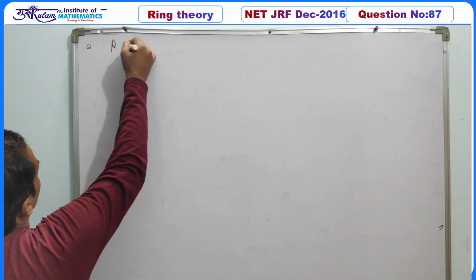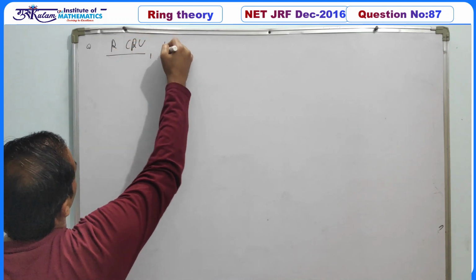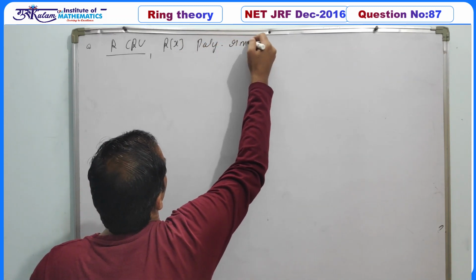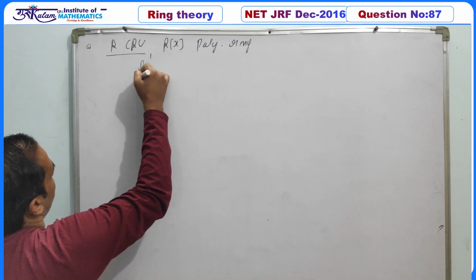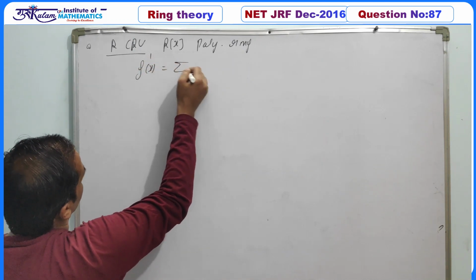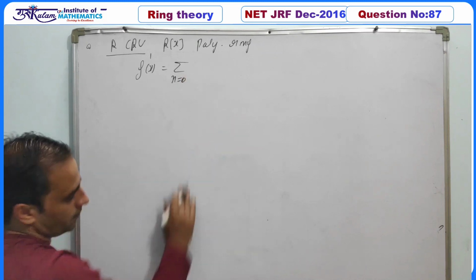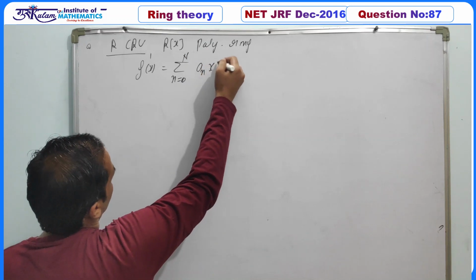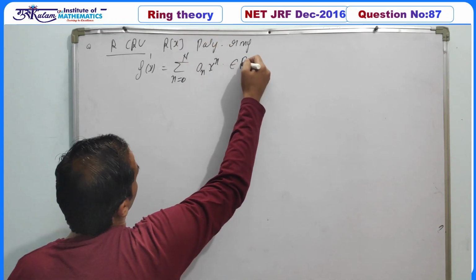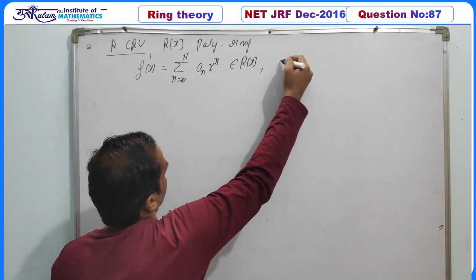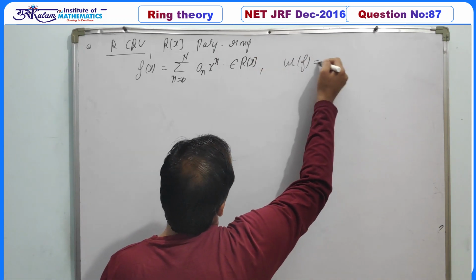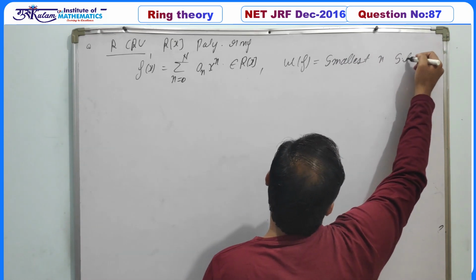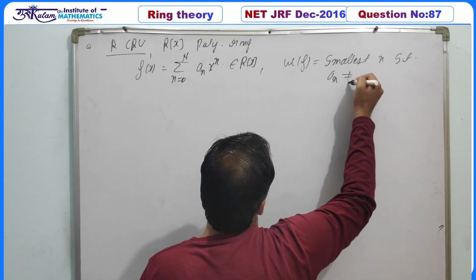We have R is a commutative ring with unity and R[X] is the polynomial ring, and f(x), which is the summation n varying from 0 to some capital N of a_n x to the power n, is a polynomial belonging to R[X], and there is W(f), which is the smallest n such that a_n is non-zero.